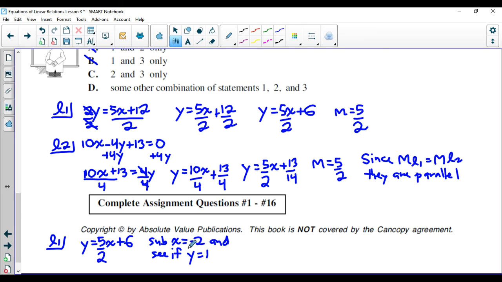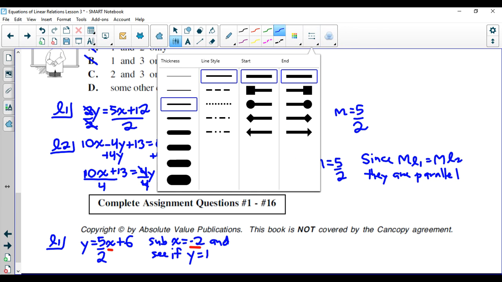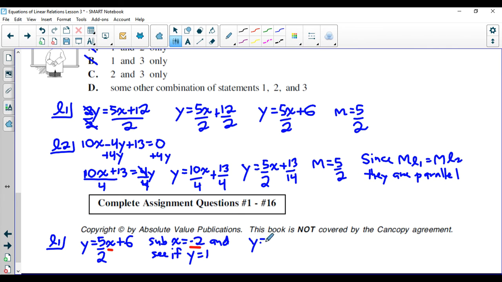So if I evaluate this equation for when x equals -2, it's telling me that the ordered pair should be -2, 1. So we're just going to sub this in and see what happens. I'm going to plug in x equals -2 into this equation and see if we can actually get a value of y that's 1.